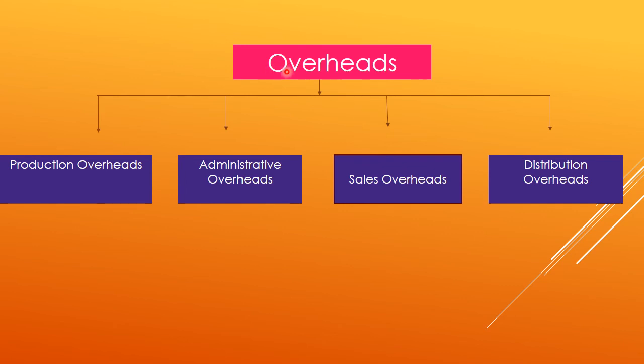And these overheads can be identifiable with the cost centers like production overheads, administrative overheads, sales overheads, and distribution overheads. About this we will study in the video about the overheads in detail.